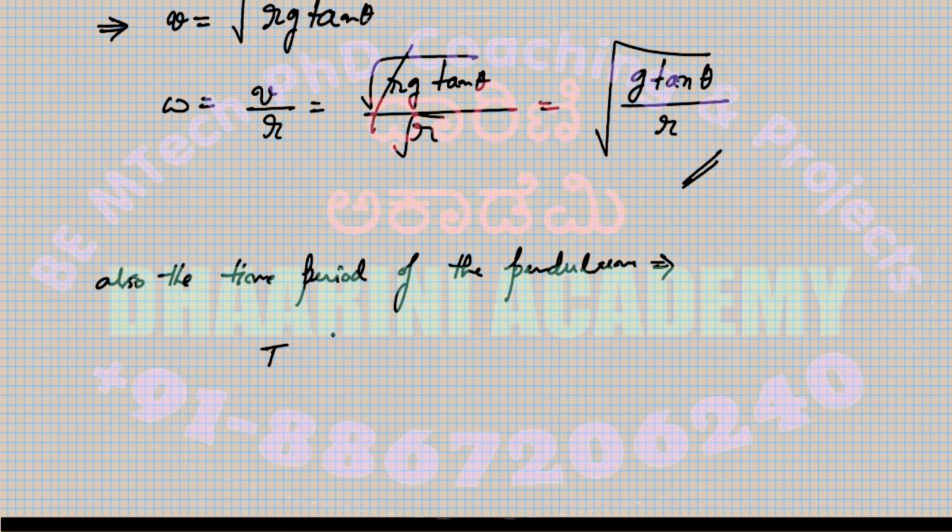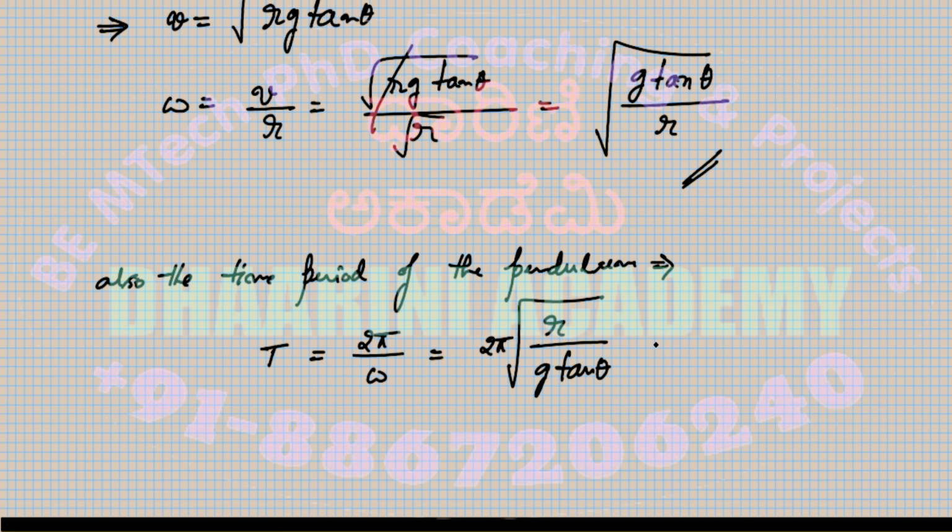So we can calculate T is equal to, we have many equations possible, but I'll write the fundamental equation, that is 2 pi divided by omega. 2 pi by omega is what is going to get us this. So we can write multiple answers over here. One is 2 pi into root of r divided by g tan theta.